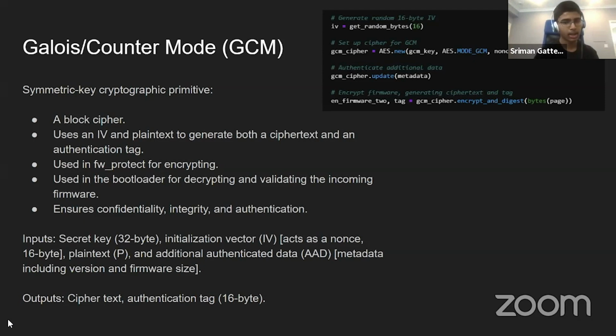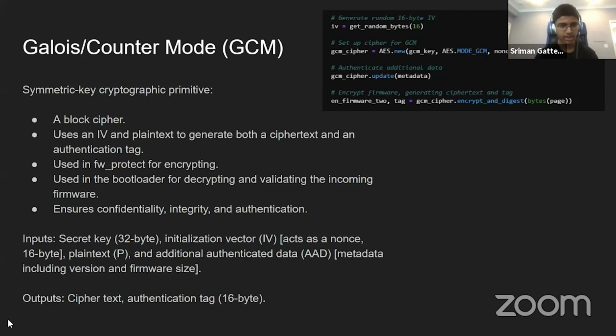Our primary primitive was GCM, Galois counter mode. This primitive is symmetric key, meaning that in both the encryption and decryption processes, the same key is used. This primitive is a block cipher, and it uses an IV, an initialization vector, and plaintext to generate both ciphertext and an authentication tag.